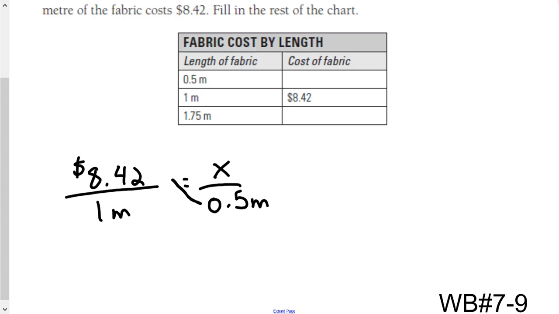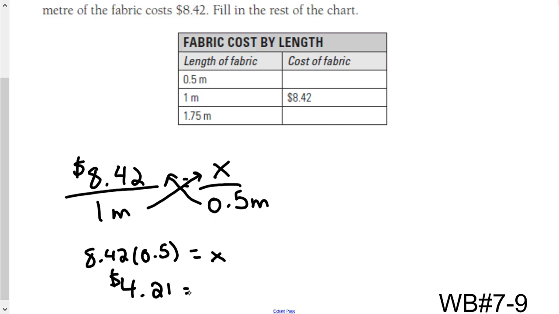So I'm going to slide this over and I get 8.42 times 0.5 is equal to x. So that gives us $4.21. Okay, and then our next one, same thing, set up the same proportion.